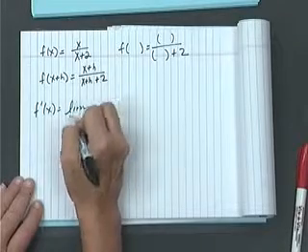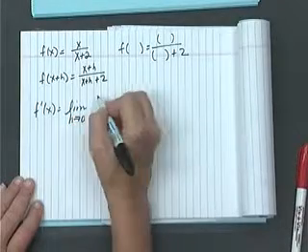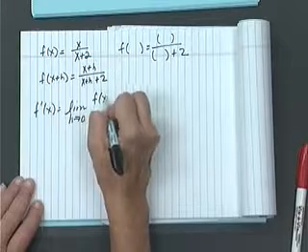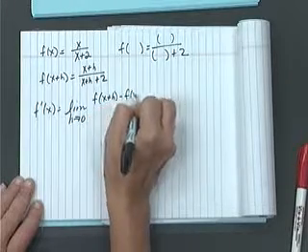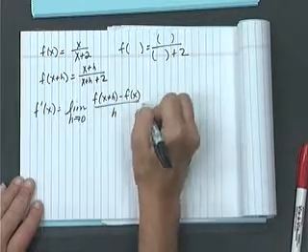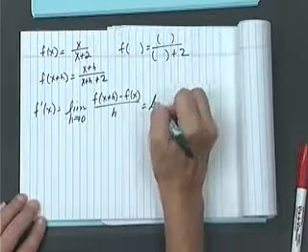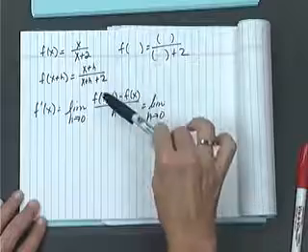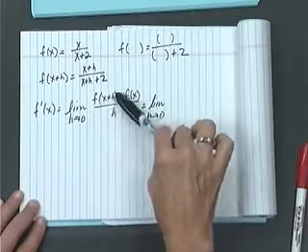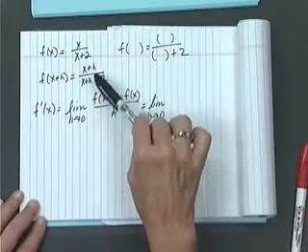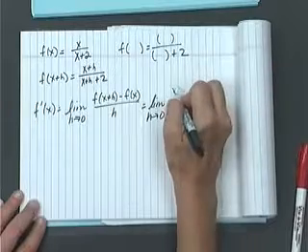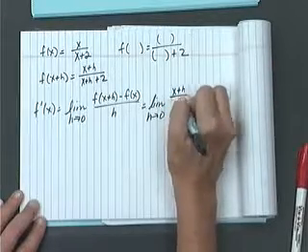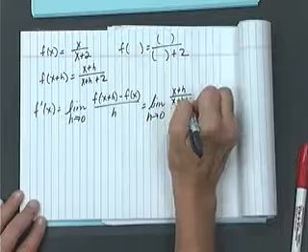Limit as h approaches 0, f of x plus h minus f of x over h. So we have the limit as h goes to 0. In the place of f of x plus h, we're going to put what it is, which is x plus h over x plus h plus 2.